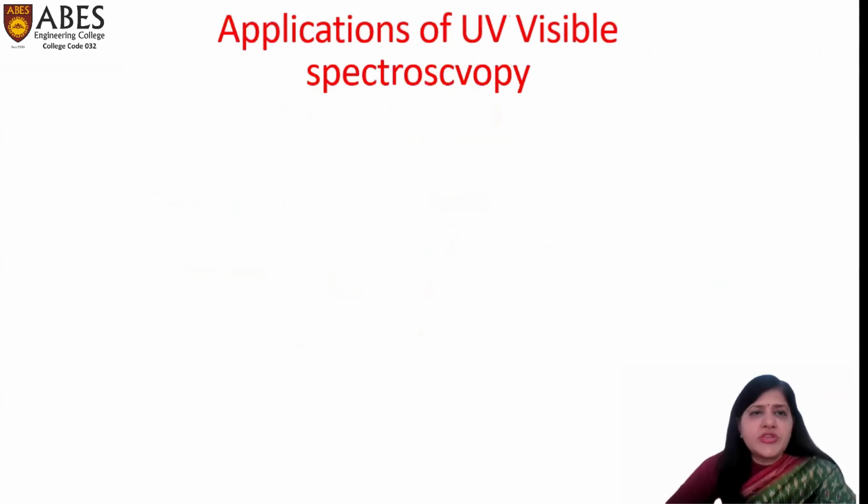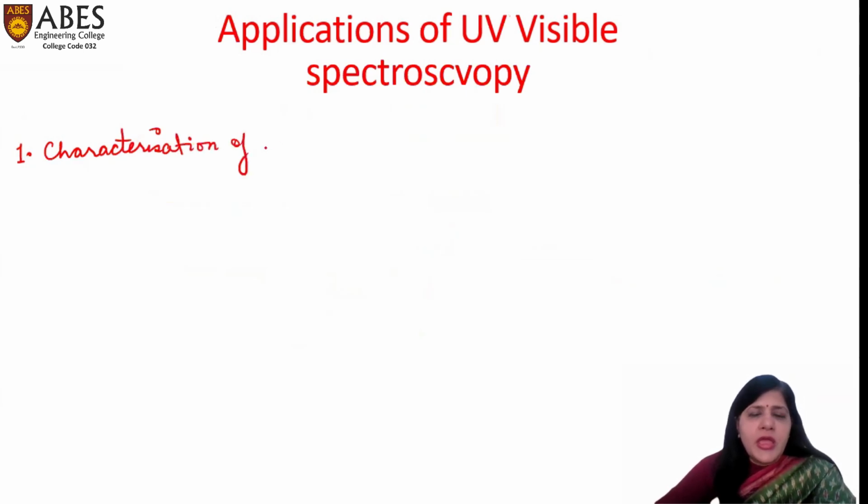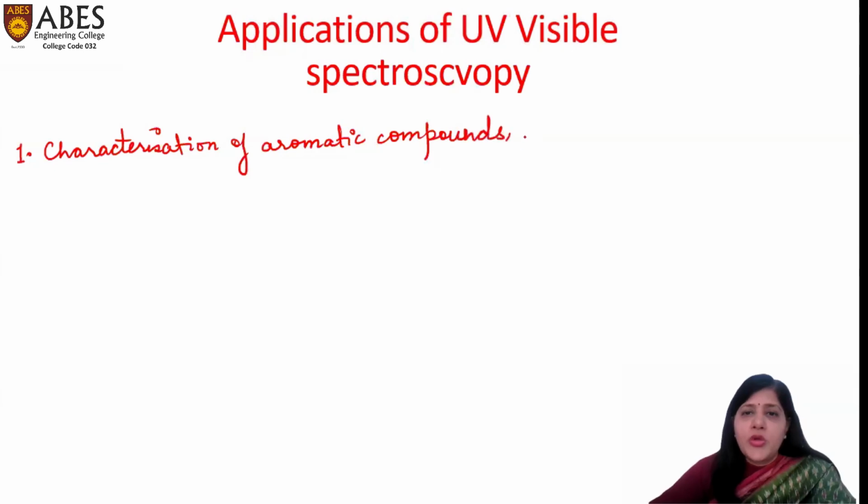Some general applications of UV visible spectroscopy. This spectral technique is used for characterization of aromatic compounds, conjugation in molecules.